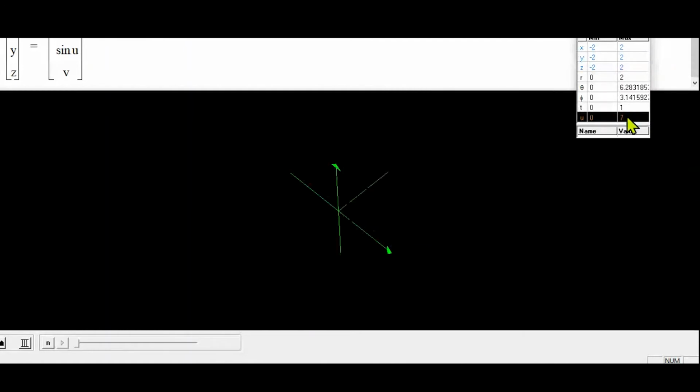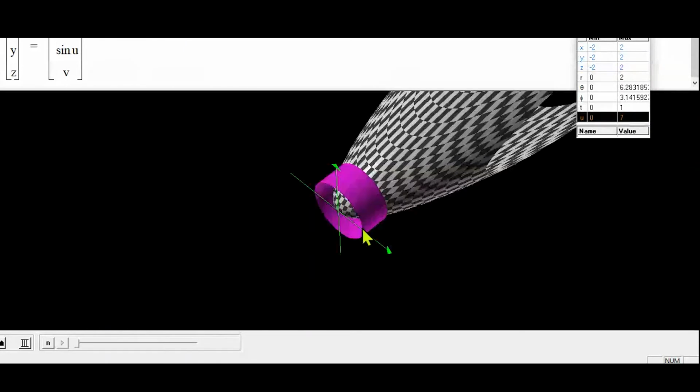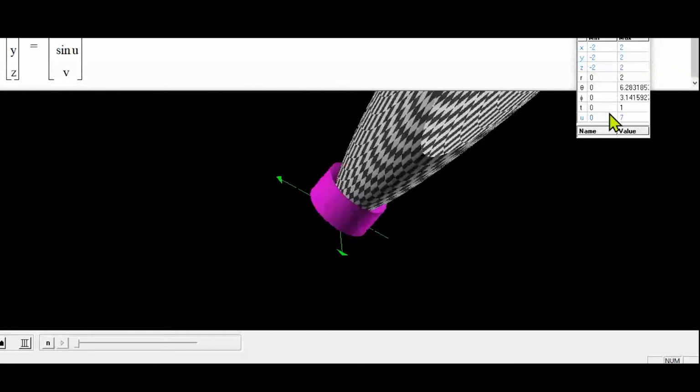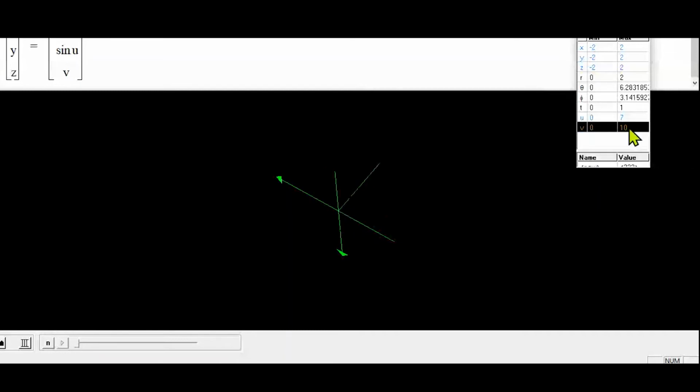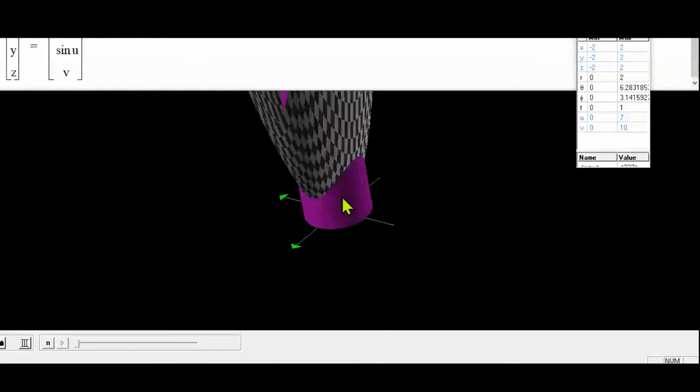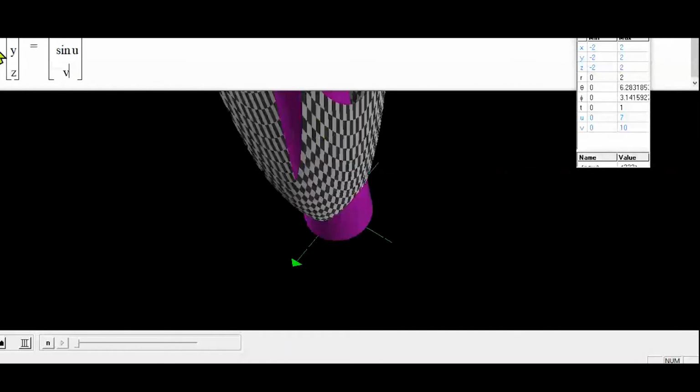So I have this little cylinder that I'm putting around, and I'm going to have to vary my v. Where's my v? There. Oh, there's a v. And v can go quite high, let's say 10. Now I've inserted a cylinder inside, okay?